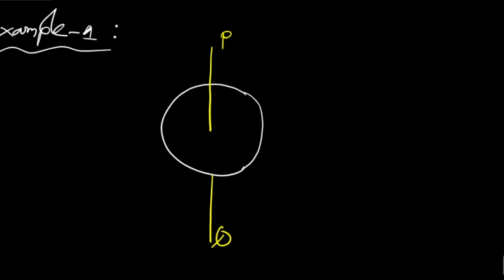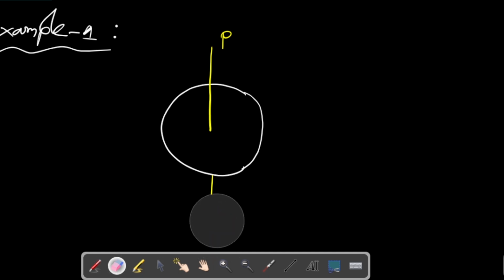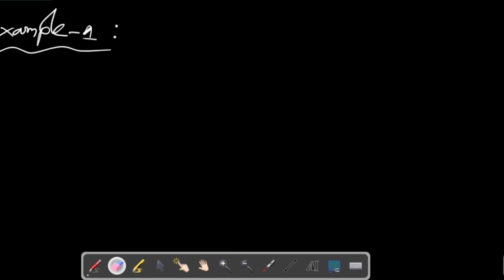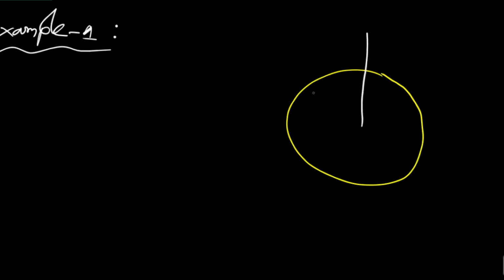My dear students, try to understand. At first we draw this problem here. This is the circular disc, and a rotational axis passing through the center of the circle, and the name of this rotational axis is PQ, and the disc rotates around it.